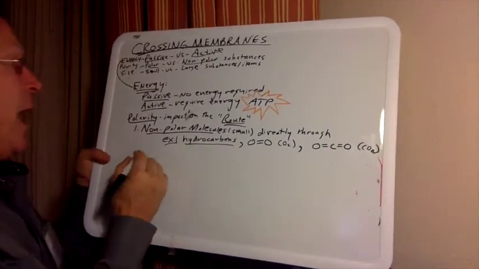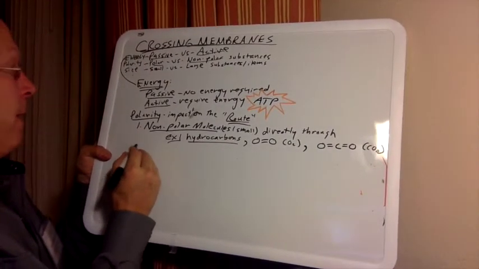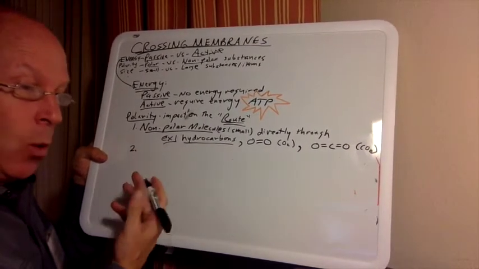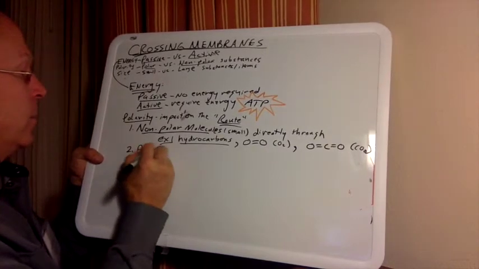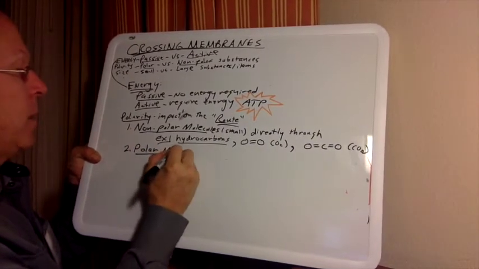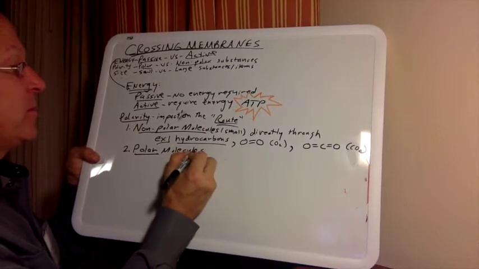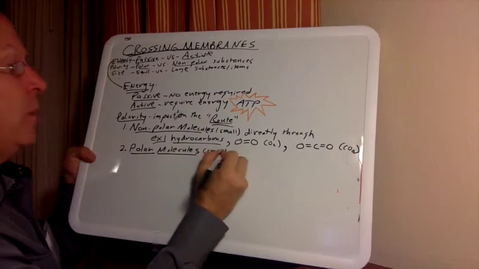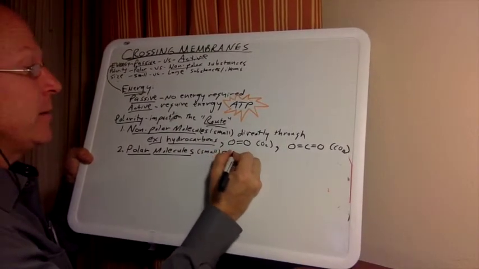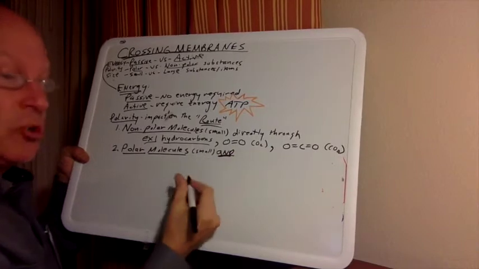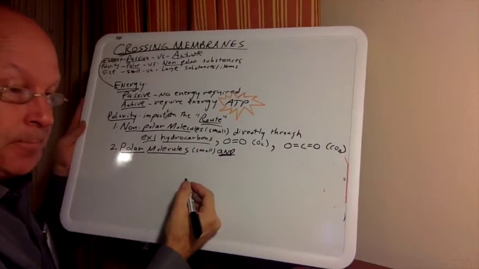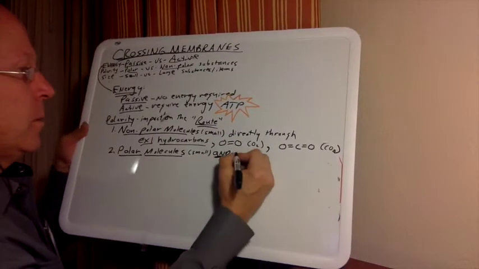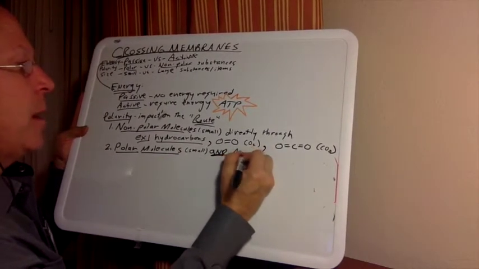The other category under polarity is how polar molecules get through. Polar molecules, and again we're talking about smaller molecules, I'm going to put in parentheses small here. And in addition to polar molecules, we call them atomic ions.